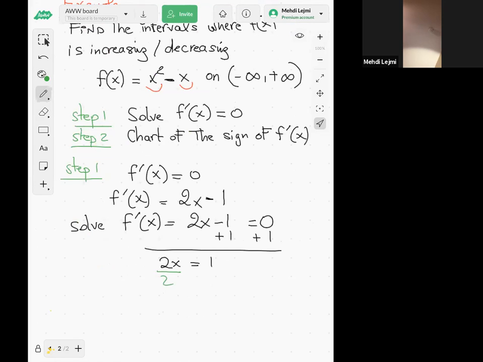Divide by 2, so x equals one half. That's where the derivative is 0, the solution for f prime of x equal to 0. So now in the second step, I can make the chart of the sign of f prime of x.